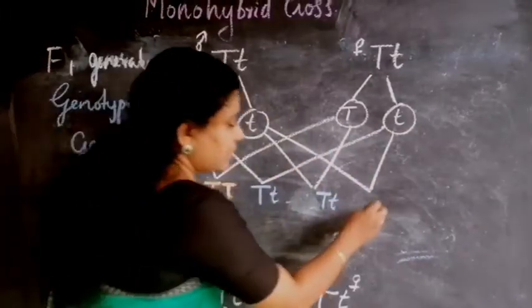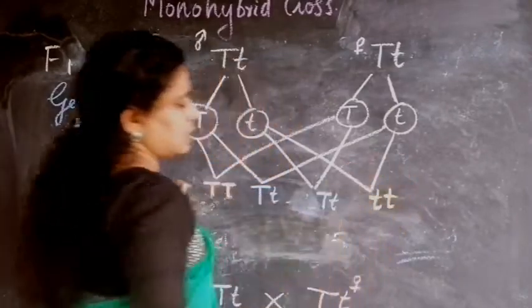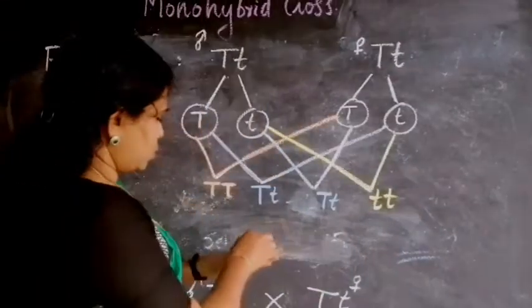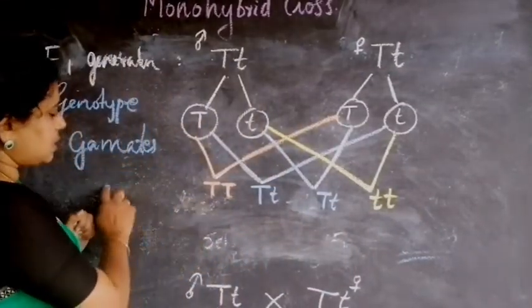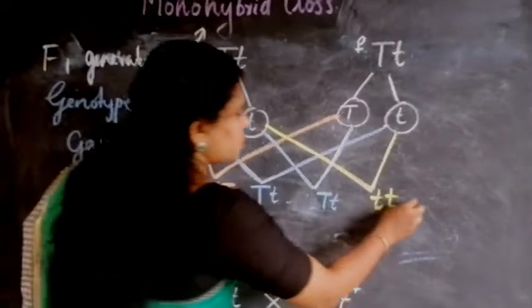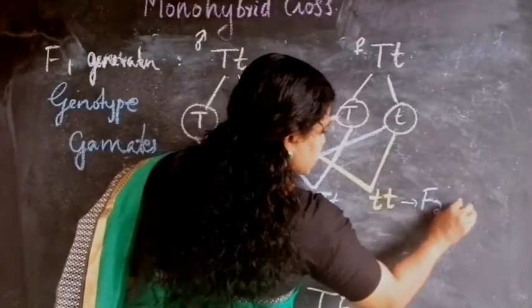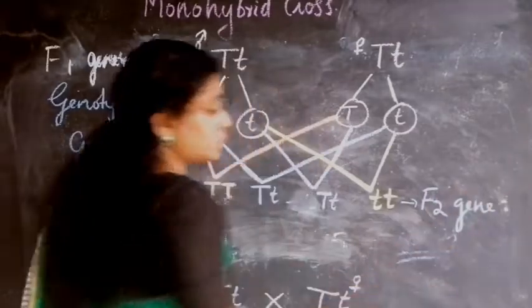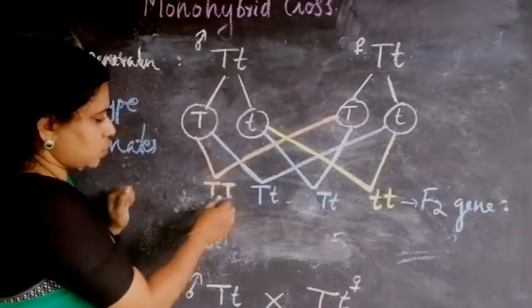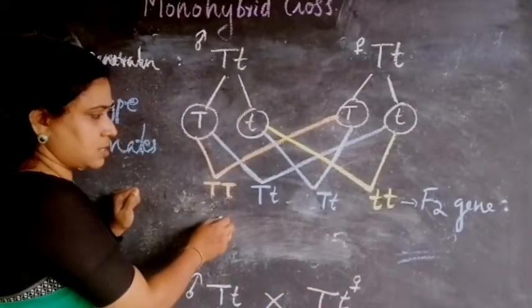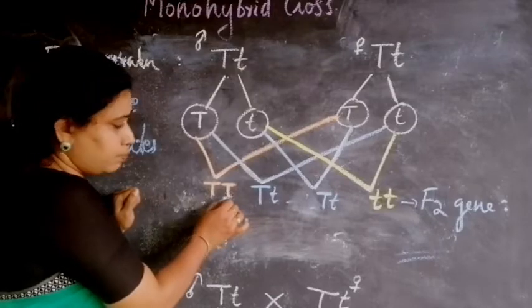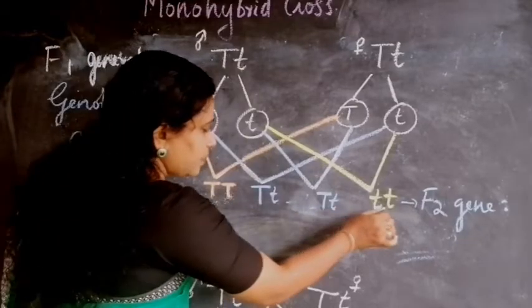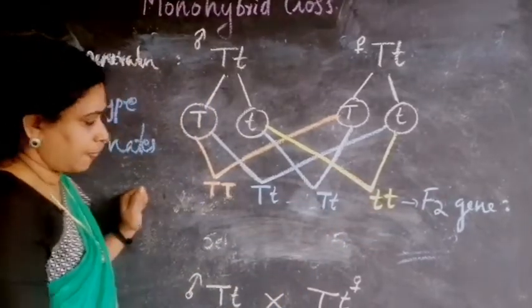Both gametes have the recessive gene, that is small t, small t. So, what is this generation? This is the F2 generation. In the F2 generation, the plants produced have different combinations of genes.